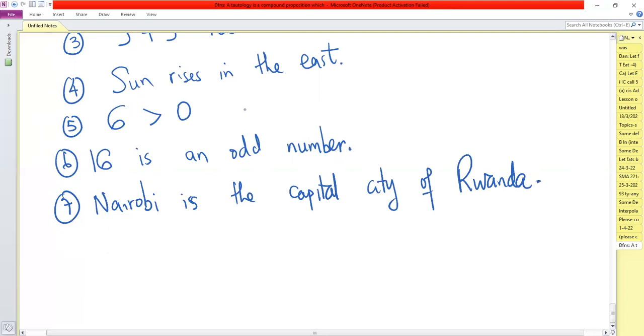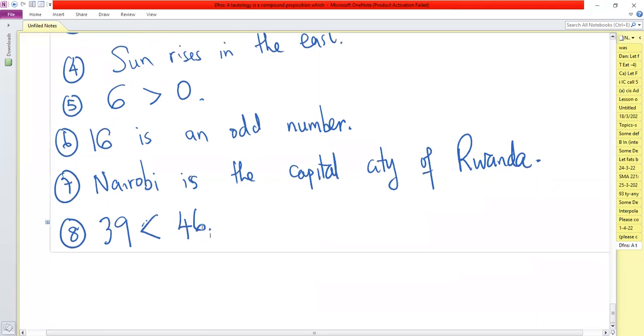Another example: 39 is less than 46. Another example: tomorrow is my birthday.